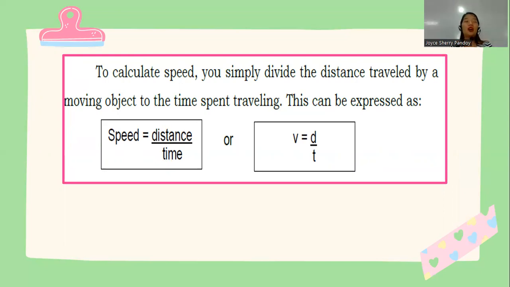Unsa ang pagkakusgon sa paglakaw sa iyang sister? So atong i-compute ang speed, no? So distance divided by time, or V is equal to D over T. Naay mga example sa sunod nga slides na. Ayaw tabalaka.